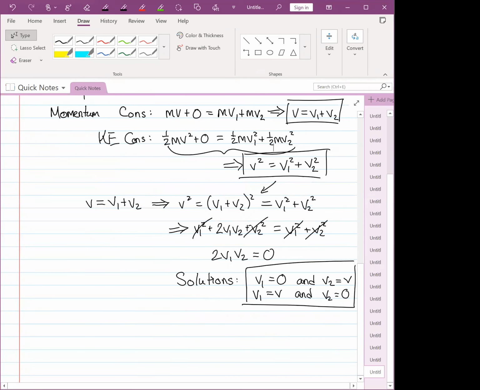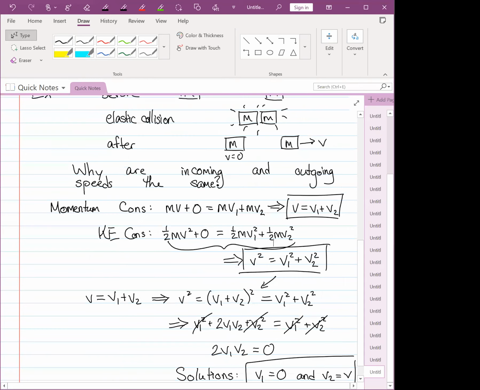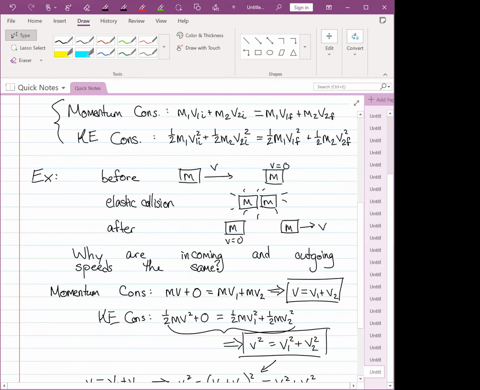So you might have a question, and it's a reasonable question to have. Why is it that there are two solutions? Like, how could it be that if you send a block at another block, there are two possible outcomes? How do we know which one of these happens? Well, keep in mind that nothing in our setup actually indicated that the first block hits the second block, right?